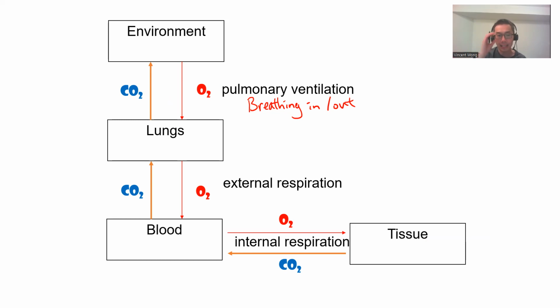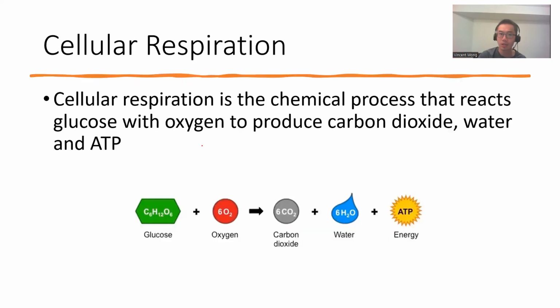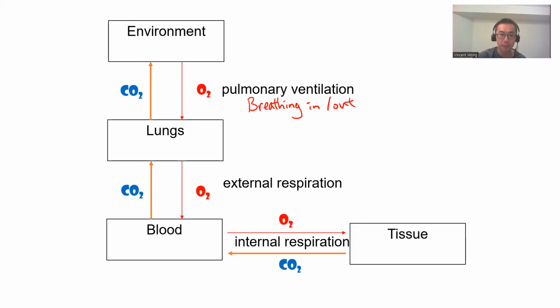After it gets into the lungs, you will have to get the oxygen into the blood, and that exchange is called external respiration. The location of gas exchange is the alveoli, alveolus for singular, and wrapping around it are going to be blood vessels.